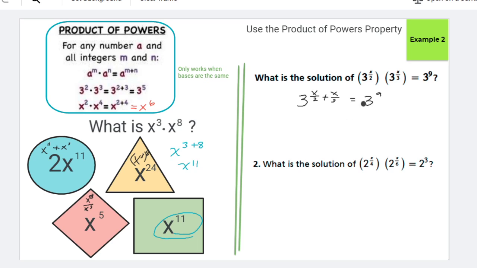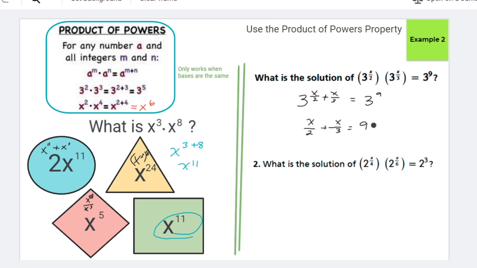So what I'm going to do is take my exponents and set them equal to each other. So I get x over 2 plus x over 3 is equal to 9. And then I'm going to solve this.